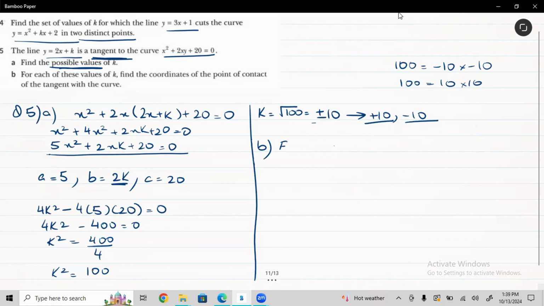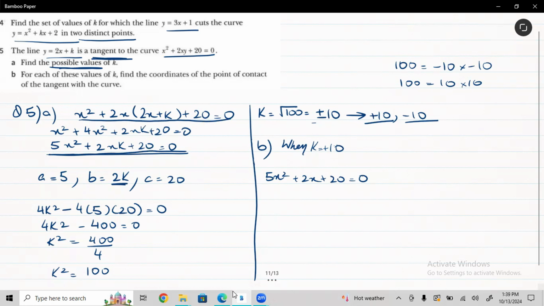So first of all, when k is equal to positive 10, we are going to use this equation, 5x squared plus 2xk plus 20. The reason I'm using this equation is because I've already substituted both of these equations into each other, and that's a refined form of that.